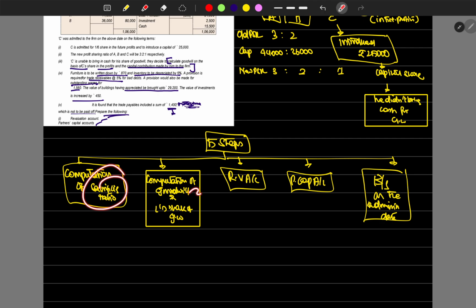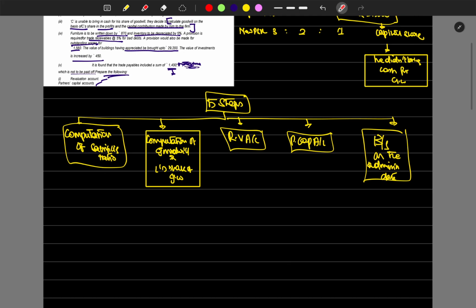First we find out the sacrificing ratio, then goodwill, then C's share of goodwill, and then we go directly to the revaluation account, partners' capital account and balance sheet, right? The same process will go for retirement, death, everything. So no problem, we'll set a strong grip in this area.